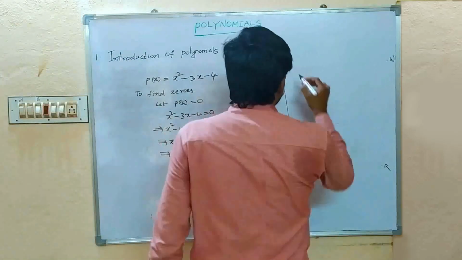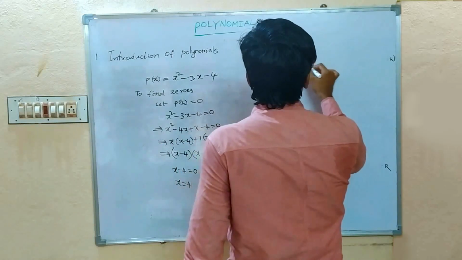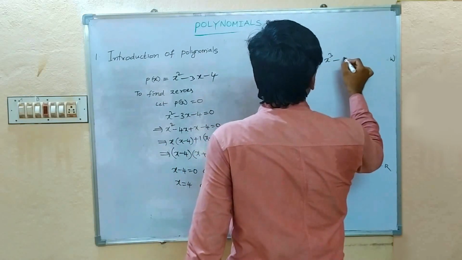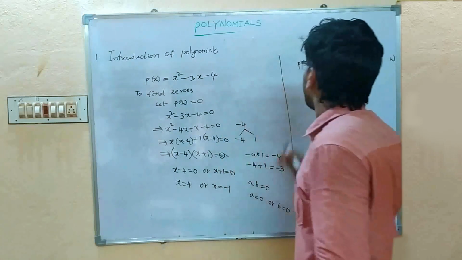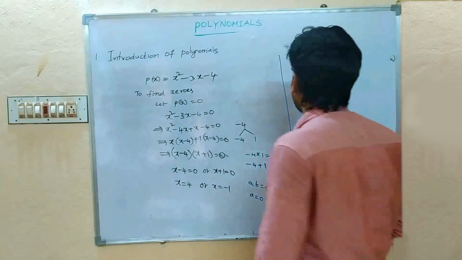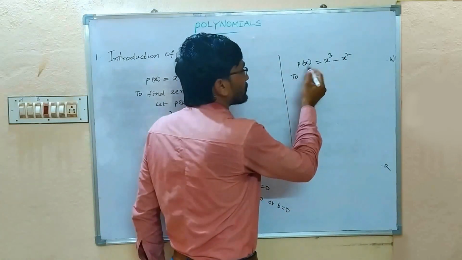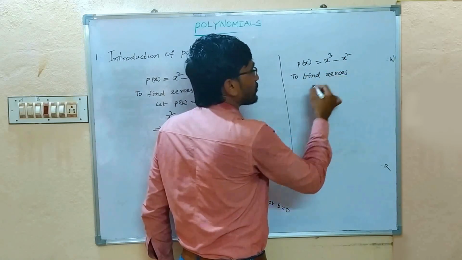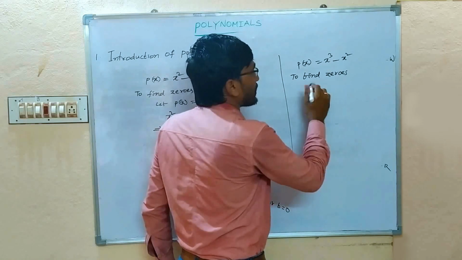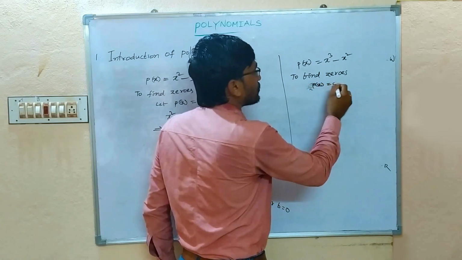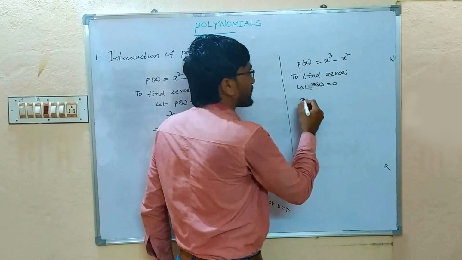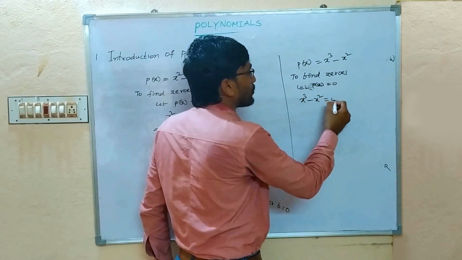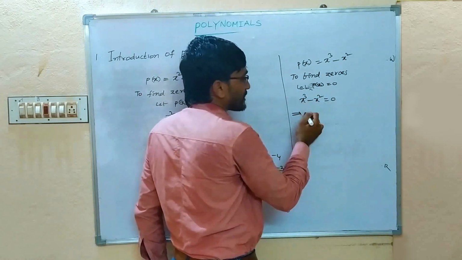Like that, if you consider a cubic polynomial, let us take x cube minus x square. To find the zeros, let p of x equal 0. So x cube minus x square equals 0. In these two terms, the common value is x square.